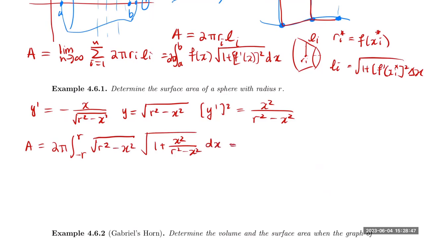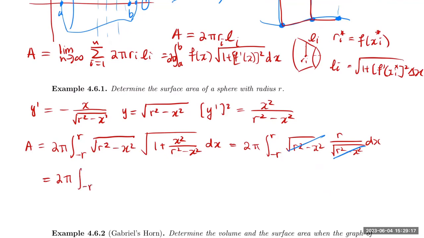Well, we found the second part to be just r divided by the root of r squared minus x squared. So the root here will just cancel out, and we just get 2 pi times the integral from negative r to r of r dx.